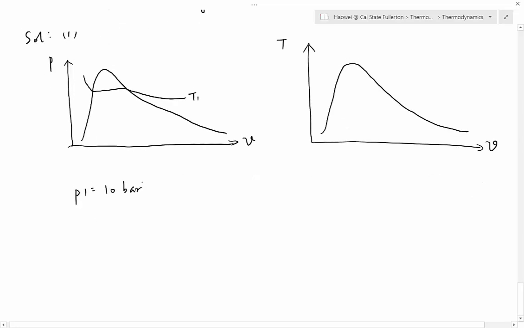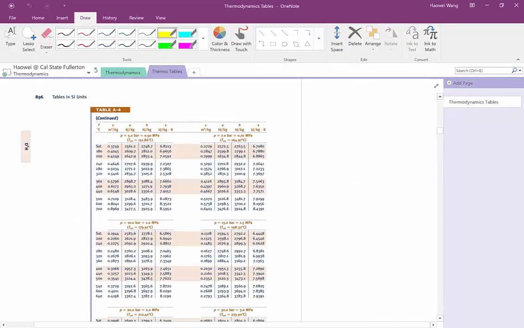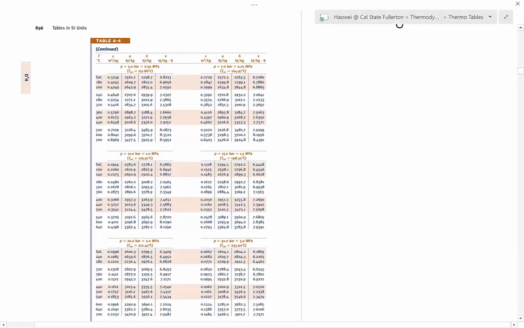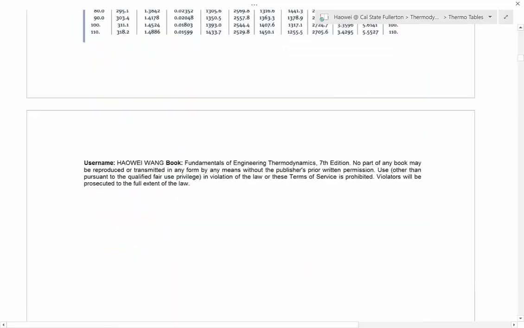Remember, if you want to start from pressure, you go to table A3. If you want to start from temperature, you go to table A2. So we go to table A3 and we start from pressure P1, which is 10 bar. Okay, let's go to table A3.